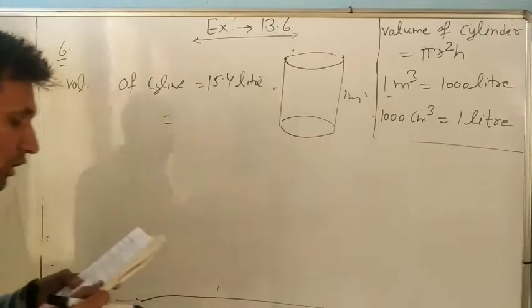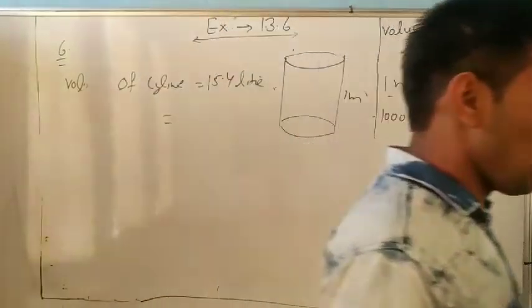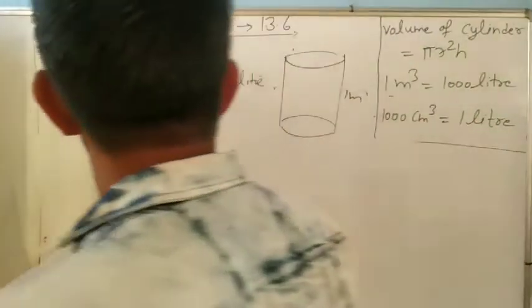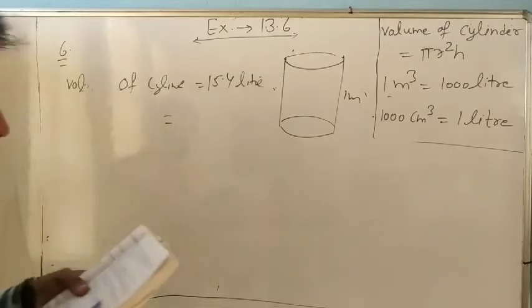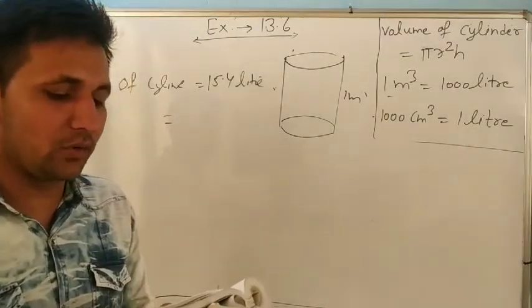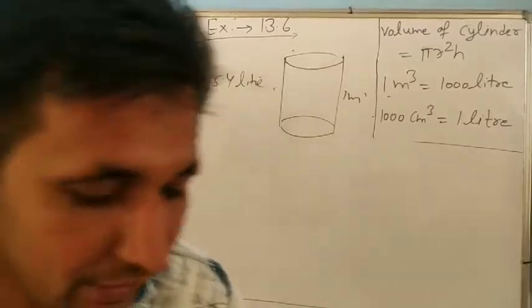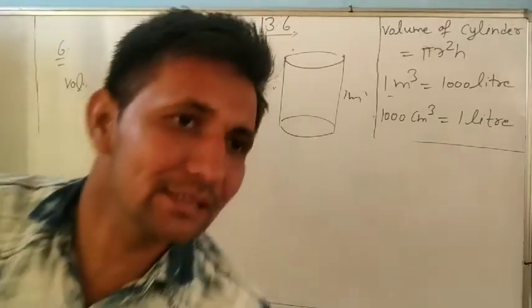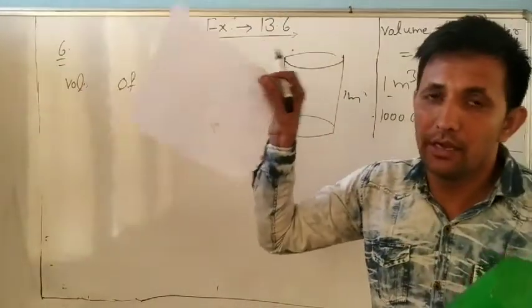How many square meters of metal sheet would be needed to make it? If you want to make a cylinder, it is a metal sheet.